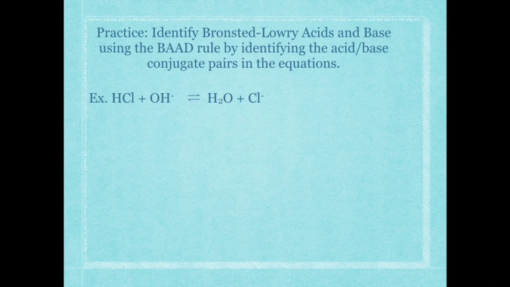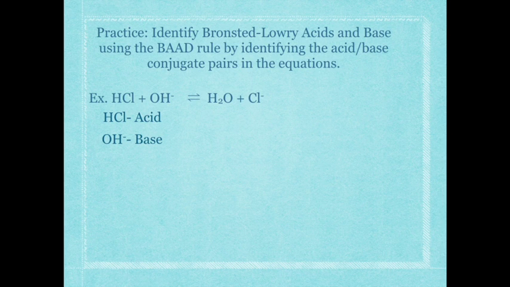Therefore, it is going to be the Bronsted-Lowry acid. Hydroxide has accepted that proton, that hydrogen ion. Therefore, OH minus is your base. Keep in mind, I'm going to be using the term proton synonymously with the term hydrogen ion, because remember, if you have a hydrogen ion, the only thing that's left is a single proton.